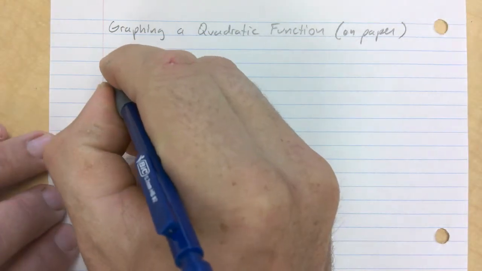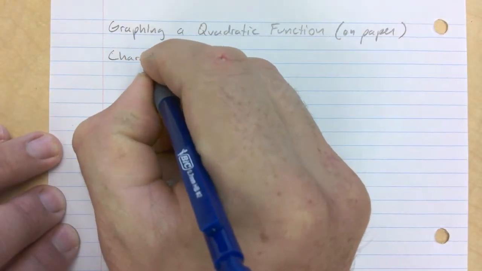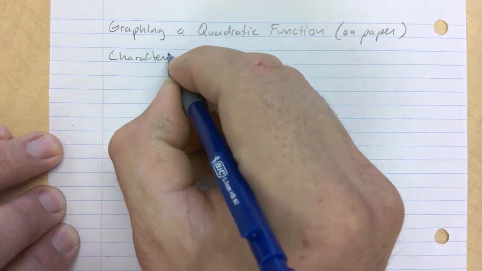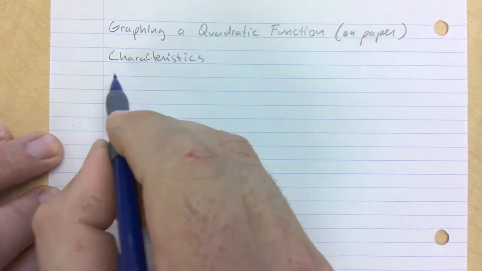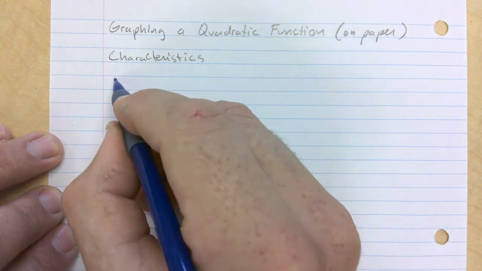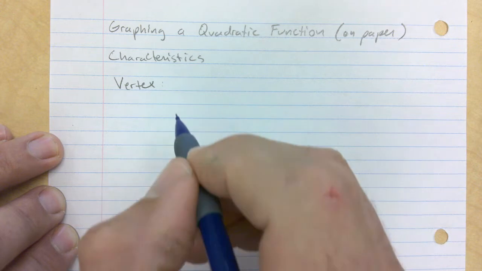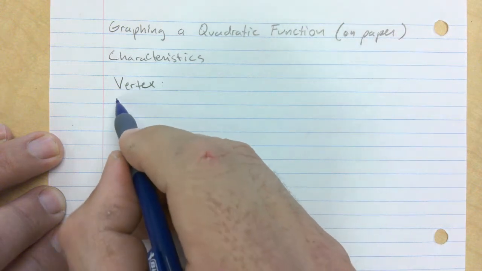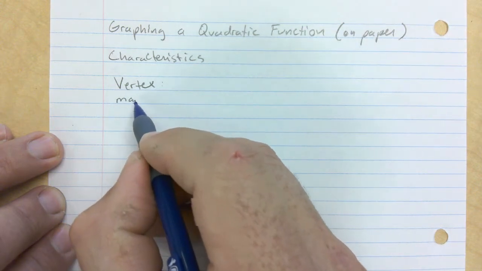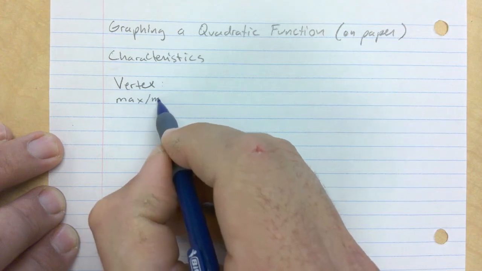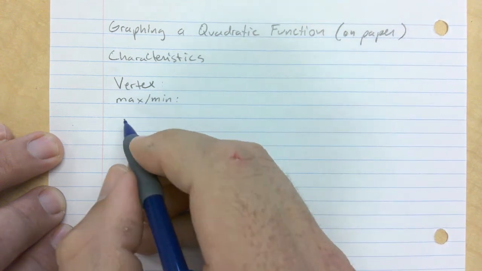So the normal characteristics that I would like you to write down, and I'm gonna give them to you, so you don't need to memorize these. You're gonna need to know the vertex, you need to know the max or the min, okay?